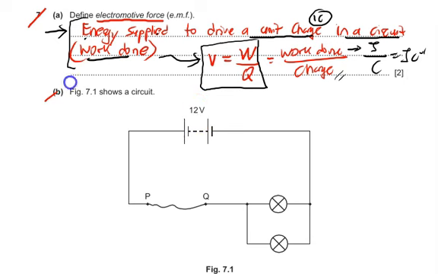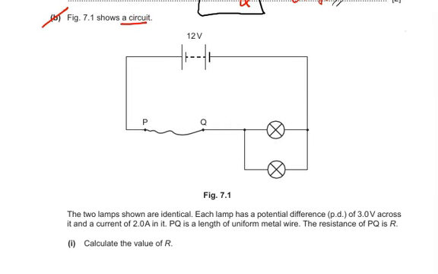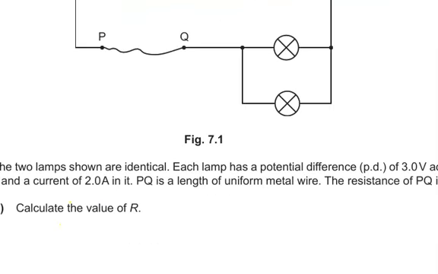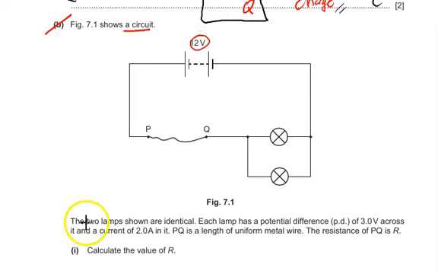Okay, now figure 7.1 shows a circuit. Here is 12 volts, PQ, and there are 2 bulbs. Let me try to make it bigger. The two lamps shown are identical.